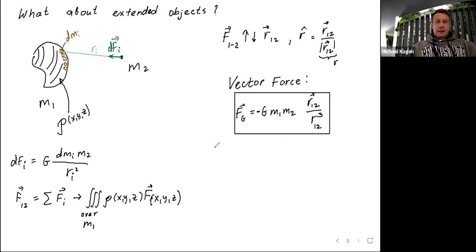Okay, now the good news here is that by some mathematical miracle, if one or more objects involved are spherically symmetric, then things simplify dramatically. Let's say M1 is spherically symmetric.